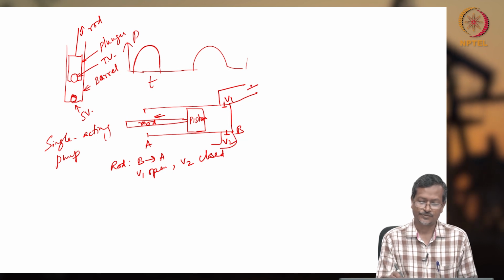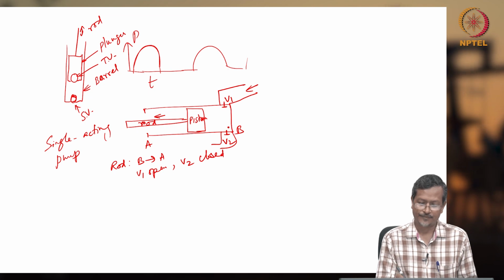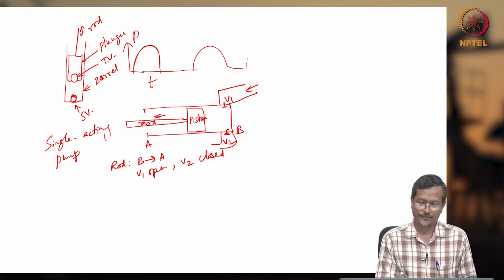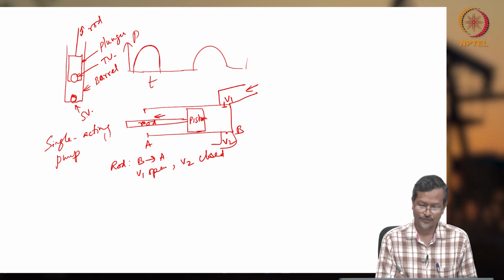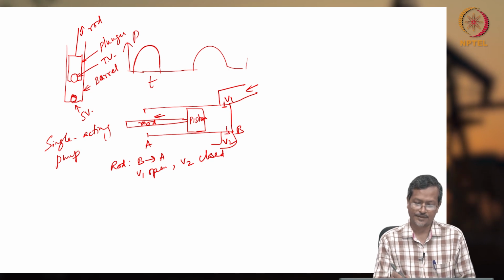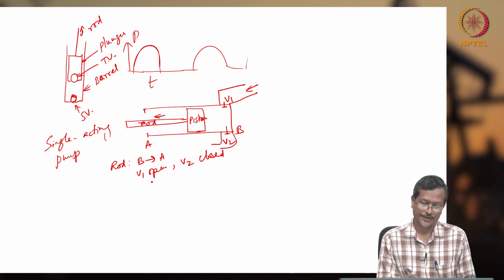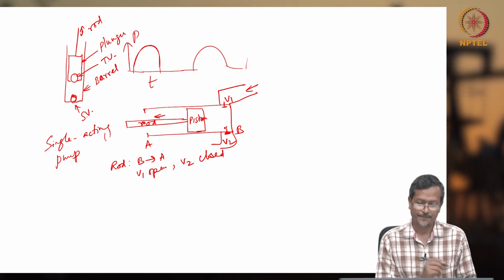Fluid will be entering. V2 I have to make like this, it is sucking, so it will be closing this. So V1 open, V2 closed.